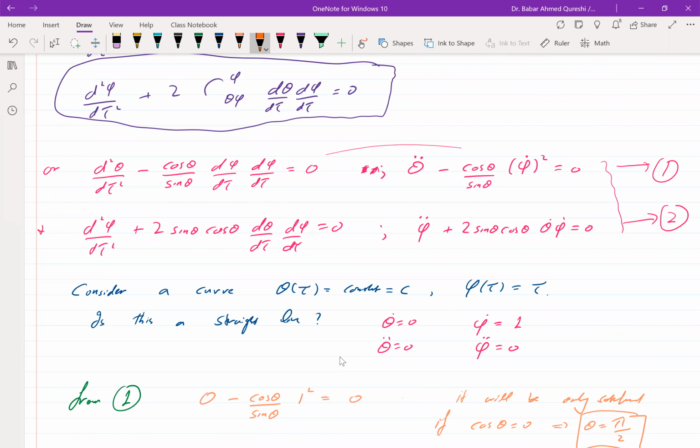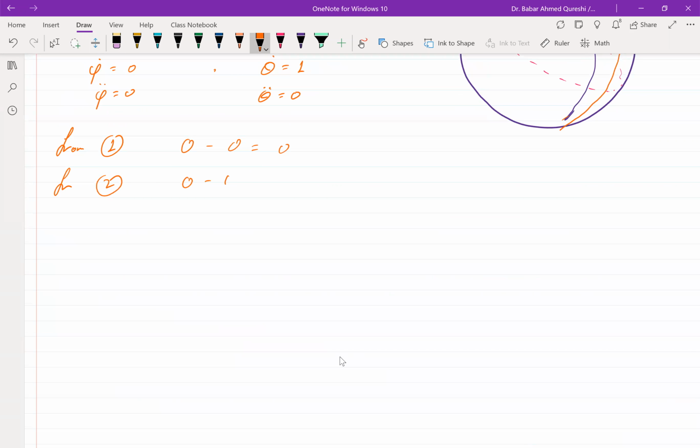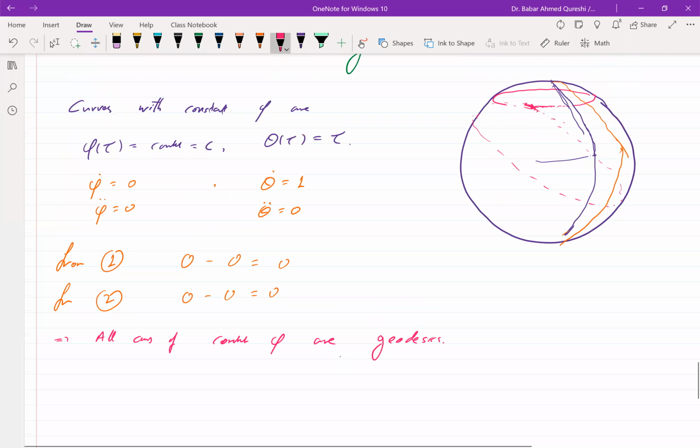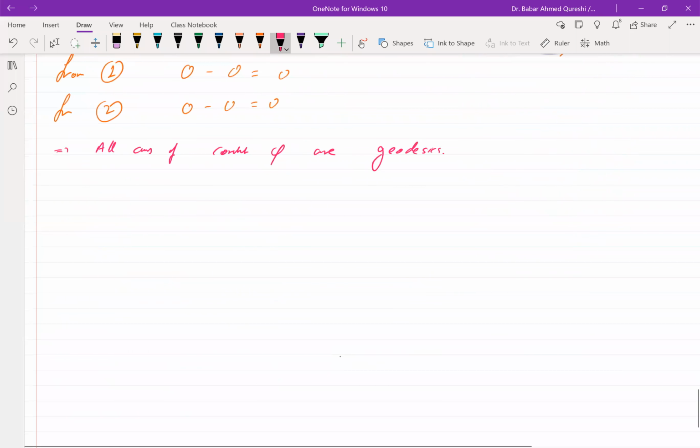So this product becomes 0, and phi double dot is already 0. So 0 minus 0. Both are satisfied. That means all curves of constant phi are geodesics, which is intuitive because all curves of constant phi are just great circles. They are in some sense the equator, or they just go from north to south, so they are great circles on this sphere.